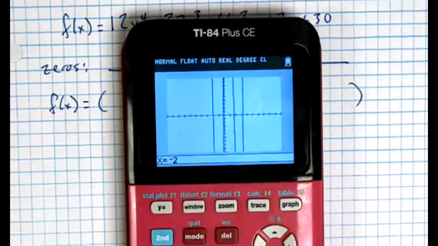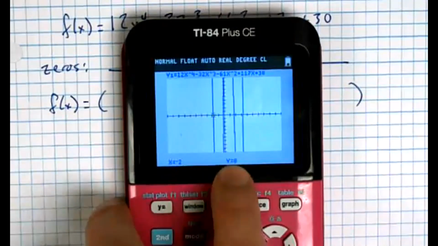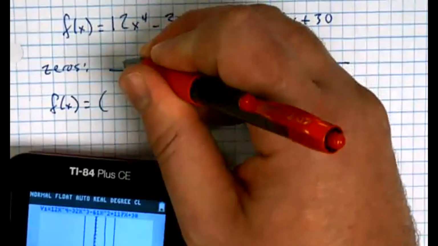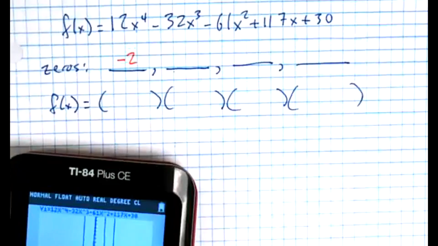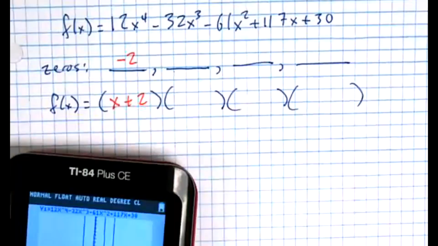Hit enter. It'll plug -2 into your function and tell you what the y value is. If it comes out to be 0, then that is indeed a 0, and it is. I got y equals 0. So I know from my calculator and from the graph that -2 is a 0, which means that x plus 2 is going to be a factor.